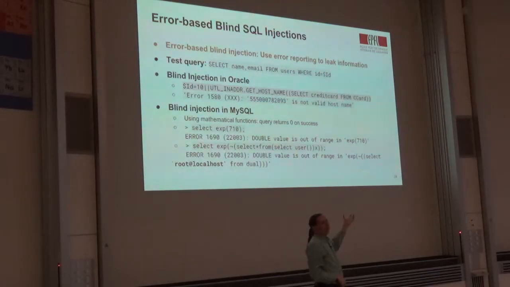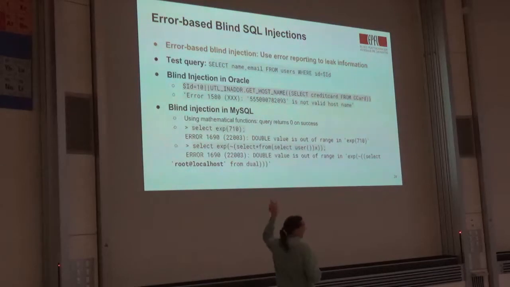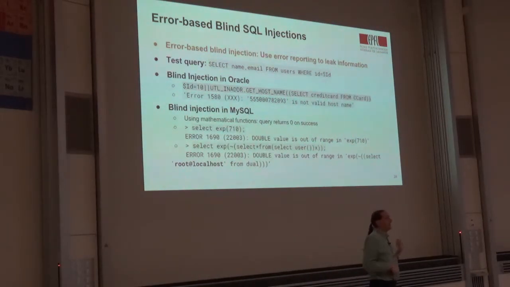Now, there's probably not going to be a host name on the internet that happens to have the name of a credit card number for pretty much any credit card number. But it turned out that that produces an error, and the error logic of this database was trying to be helpful, and it helpfully propagated the host name that it couldn't find back to the user in this error string, and so you get that string as convenient error output.